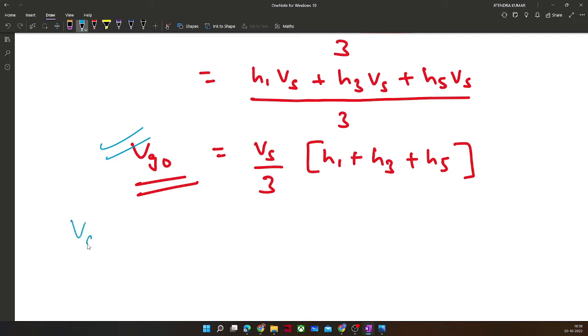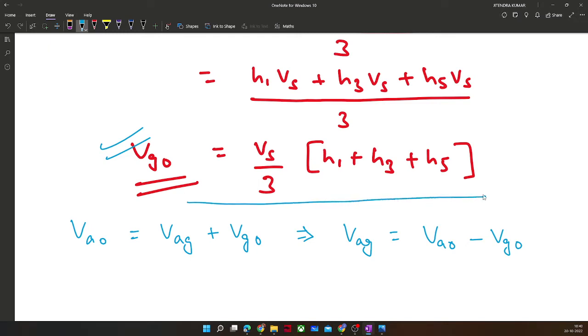As we concluded, VA0 was VAG plus VG0. So now if I need to compute VAG, I need VA0, and we just calculated VG0 from this expression. I will simply put now all the values in terms of H1, H3, H5.